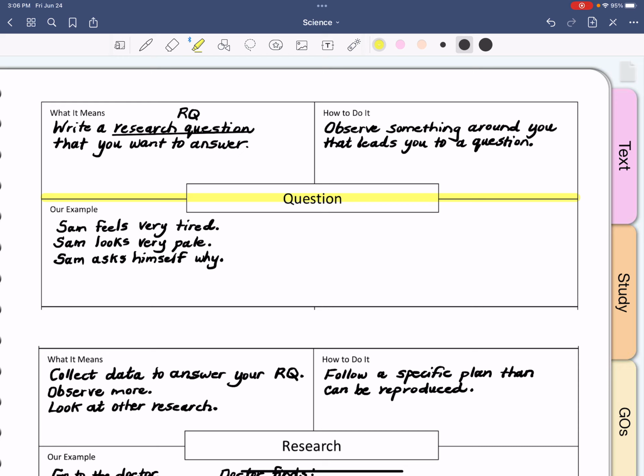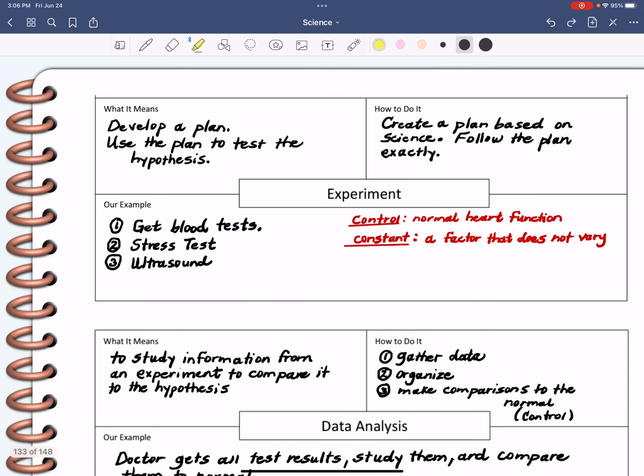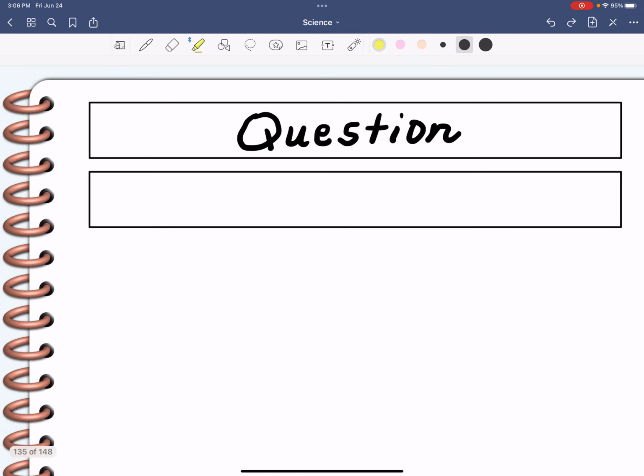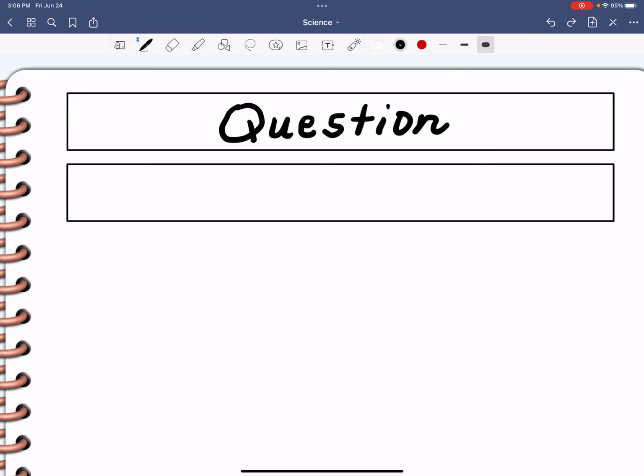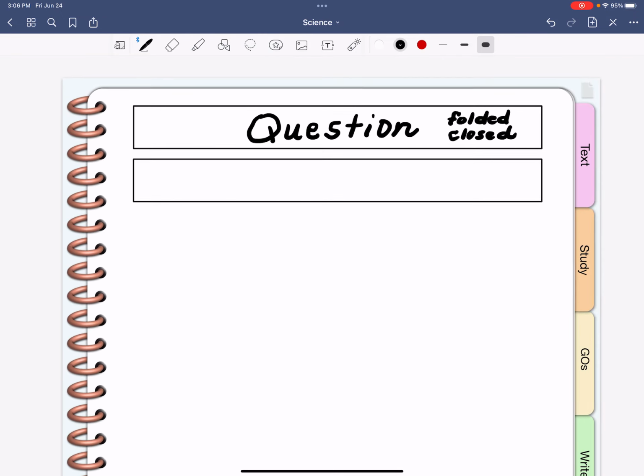I want you to write the word question. So question is the first step in the process. And this is the folded piece. It's folded closed. And let's just get this down, and then we'll talk about why I'm asking you to do this.